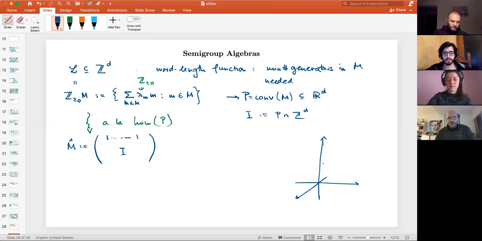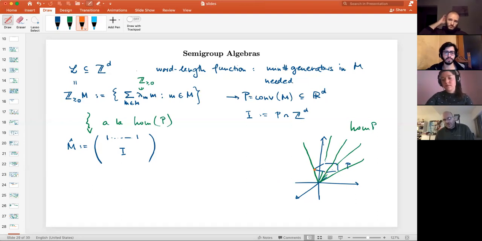Here's a polytope that we call P. And the hom of P is the cone, where you put this polytope at height 1 in another dimension, and this green thing is hom of P. What I now do is something like a discrete version of this.